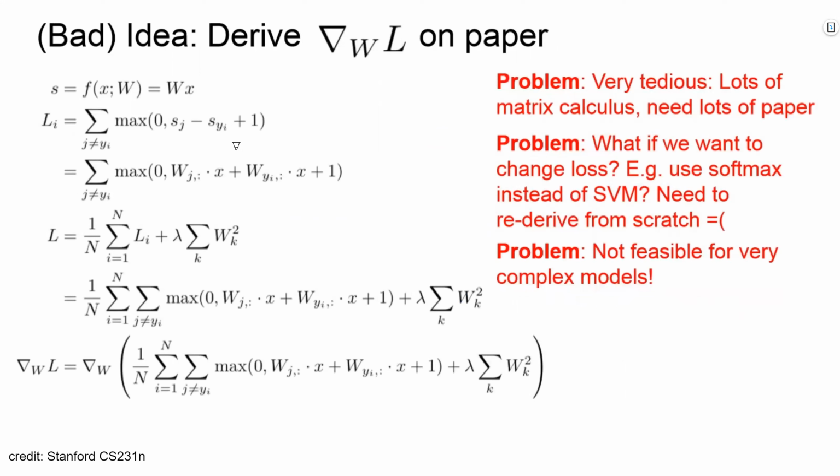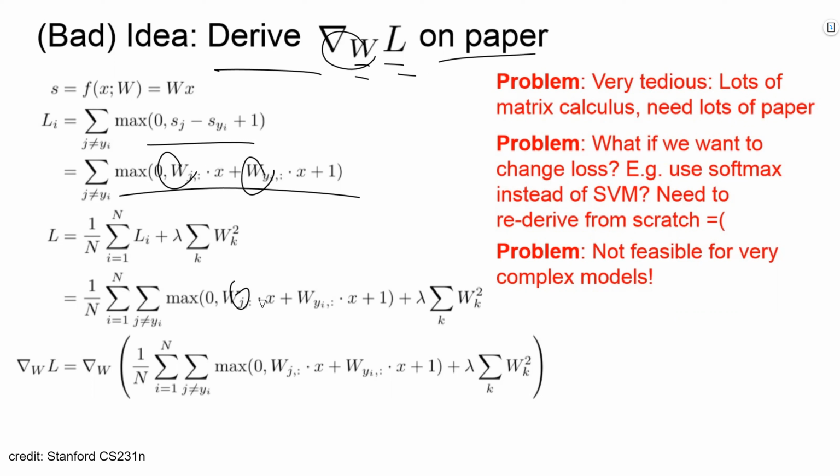A bad idea is to derive the gradient of L in respect of W on paper. We just expand these equations and see how they are represented with our parameters like this, and add all and calculate the gradients.